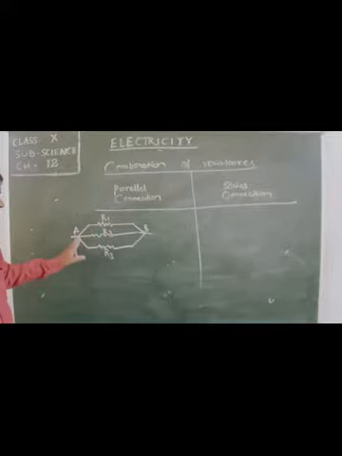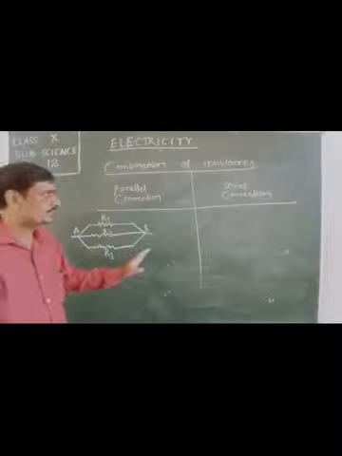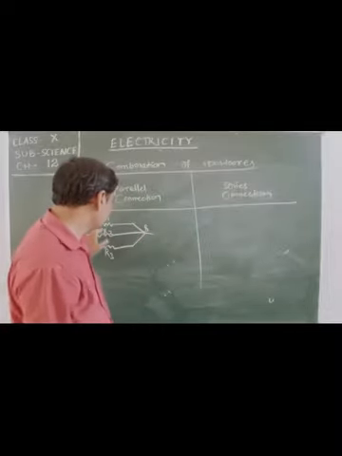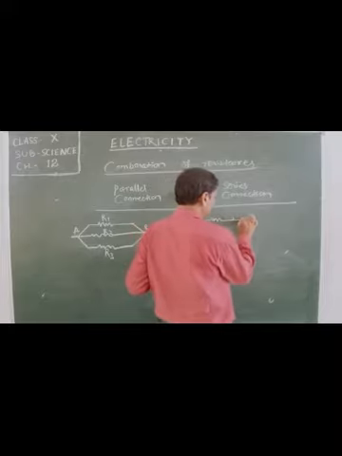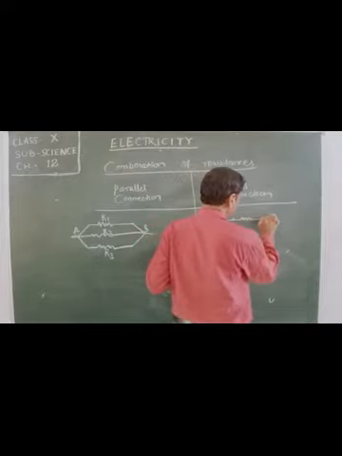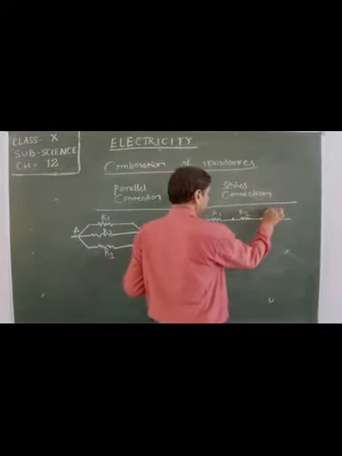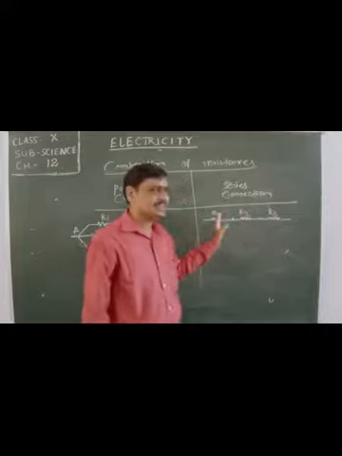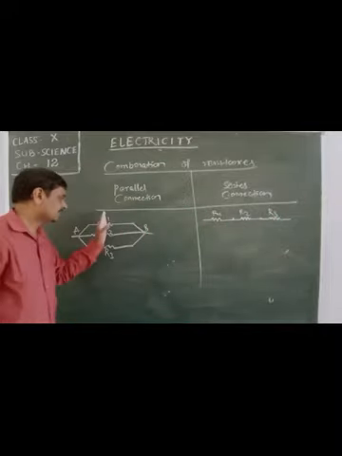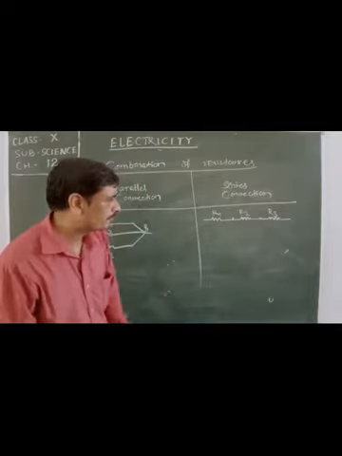All the resistors are connected with these two fixed points A and B. But if R1, R2 and R3 are connected end to end, it is R1, R2, R3. We say this type of connection is called series connection. The first connection is called parallel connection. This connection is called series connection.